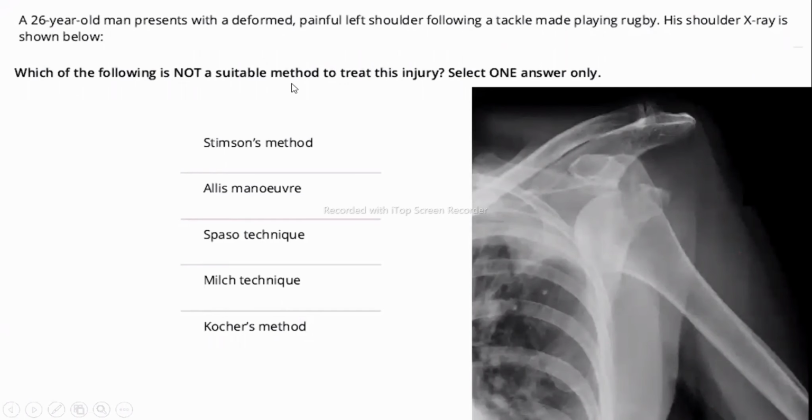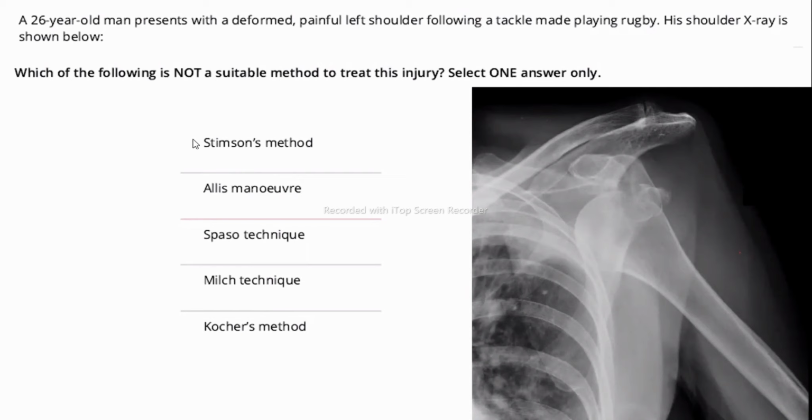Which of the following is not a suitable method to treat this injury? What is the dislocation here? Anterior.